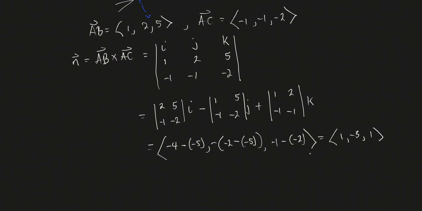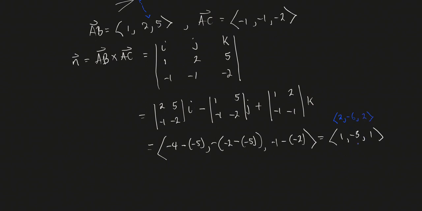And just note, any scalar multiple of this would work. There's no real need to change this, especially when you look at the coefficients, there are no common factors here. But if, for instance, you wanted to double all of these components, then you'd have 2, -6, 2, right?